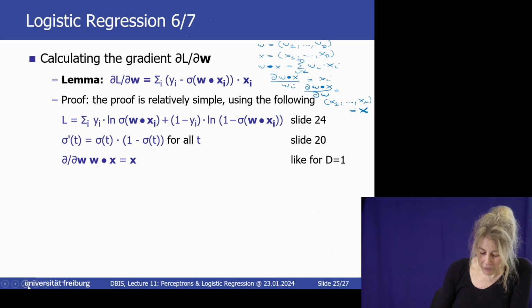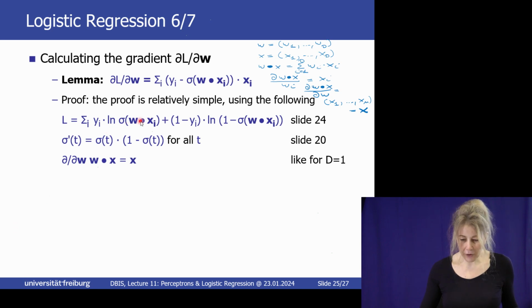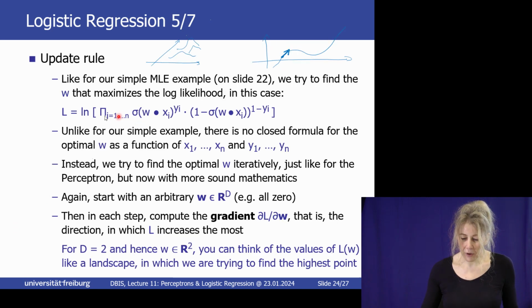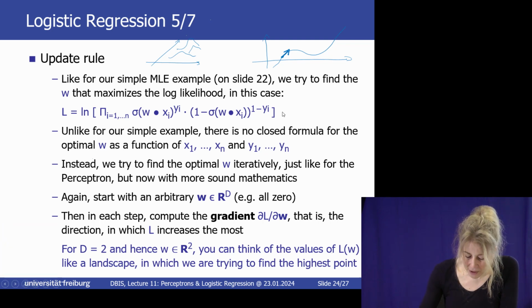So we have this here, I don't think I will do the math again. If I do the logarithm here, then it should be, let me very quickly do the beginning.